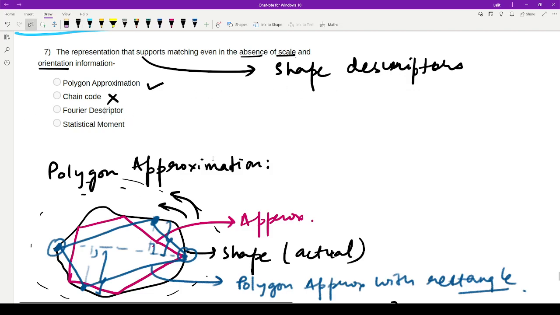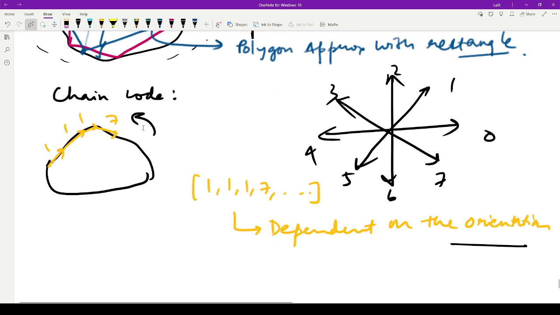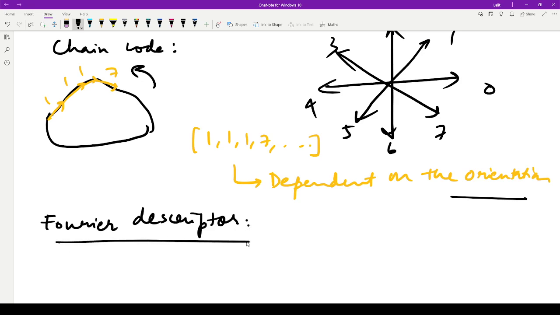So the Fourier descriptor. What do you think about the Fourier descriptor? What do you do in the Fourier descriptor?